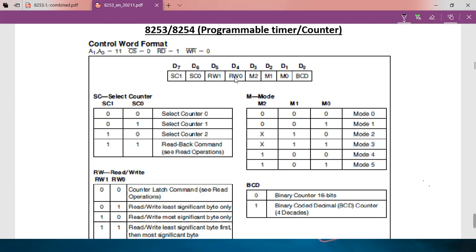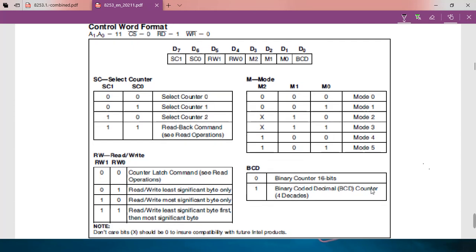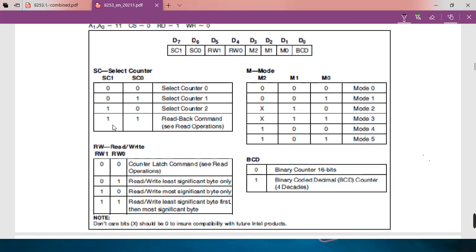Now after that we have RW1, RW0. These 2 bits have some functions, for example, if its value is 00, then it is a counter latch command. Counter latch command means whatever the counting is going on, we can latch its value, which means we can read the counter value.